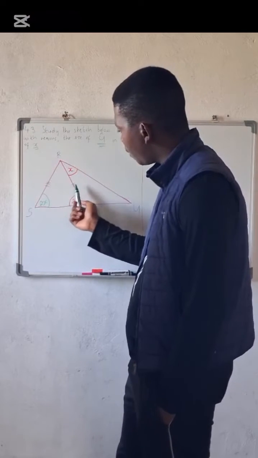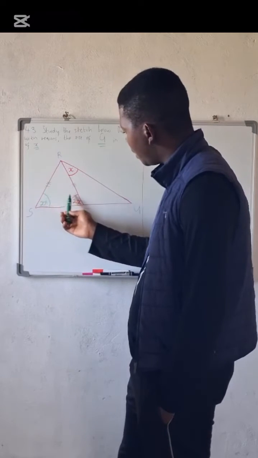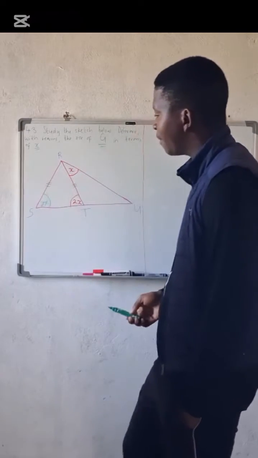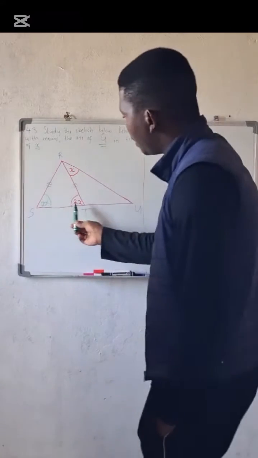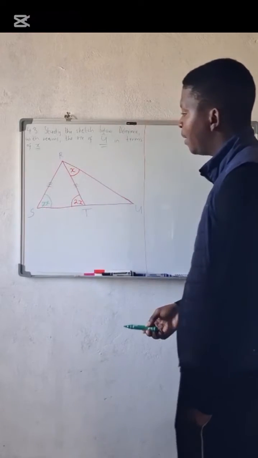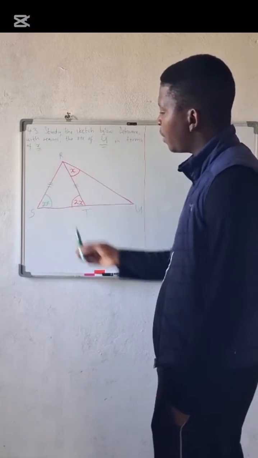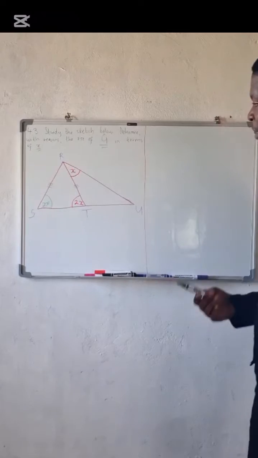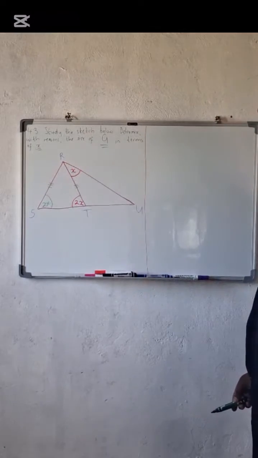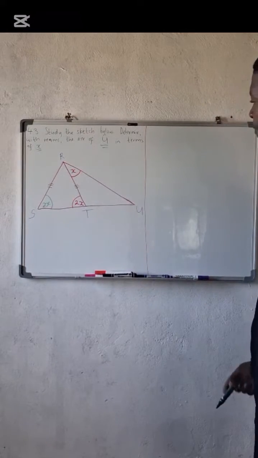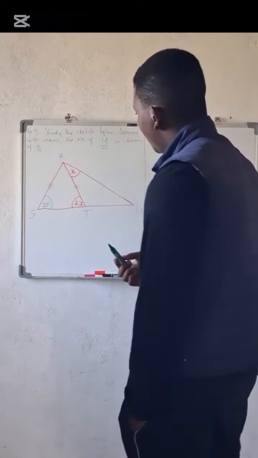This angle opposite to this side is equal to this angle opposite to this side. That is why this one is equal to 2x and that one. These two angles are opposite to equal sides. It's a property of isosceles triangles.